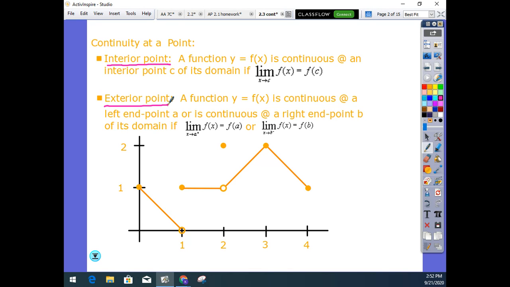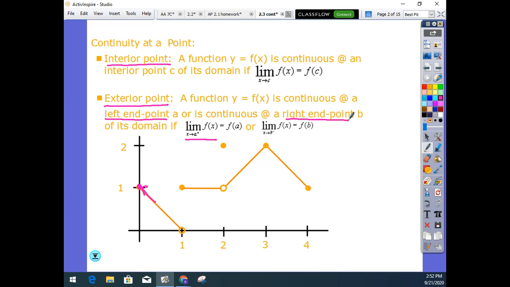So interior, inside the end, well, let's maybe start with the exterior. An exterior basically said if we have a left endpoint, it is continuous only here. As we come, left endpoint is going to be the right side. We can only come in from the right side because there's nothing on the left side.